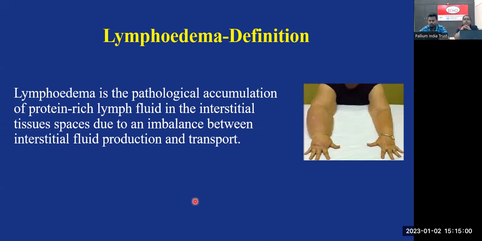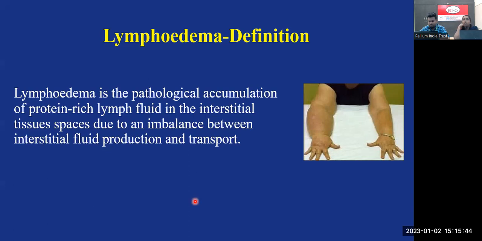Lymphedema is a pathological accumulation of protein-rich fluid in the interstitial tissue space due to an imbalance between interstitial fluid production and transport. Sometimes if there is any breakdown or damage in the lymphatic system, the lymphatic capillaries are working fully and absorbing the lymphatic fluid from the interstitial space, but there is damage in the axilla.